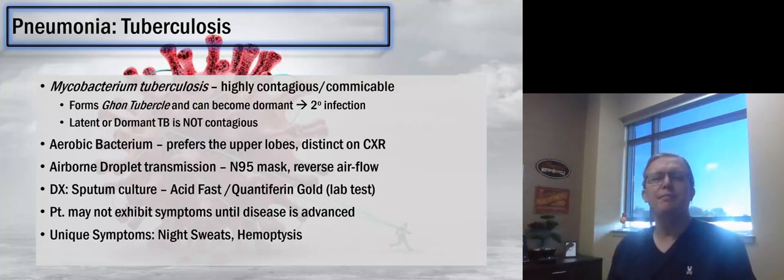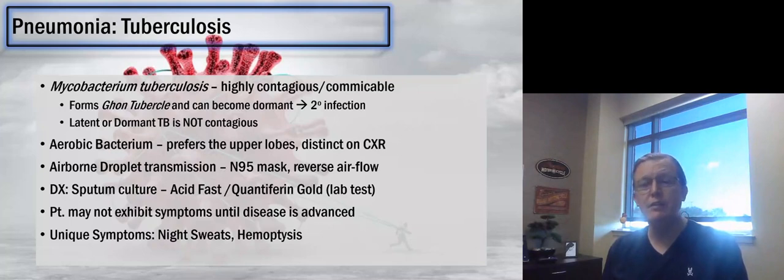So tuberculosis is a mycobacterium tuberculosis that is very contagious and communicable. Now, not everyone who contracts the illness manifests with symptoms, because the Ghon tubercle that forms can remain dormant for many, many years before manifesting in an infection.